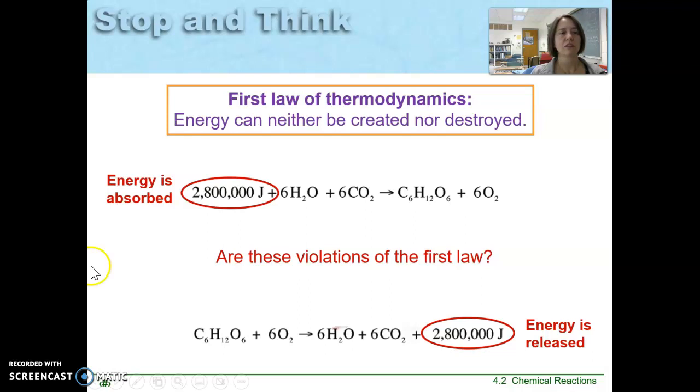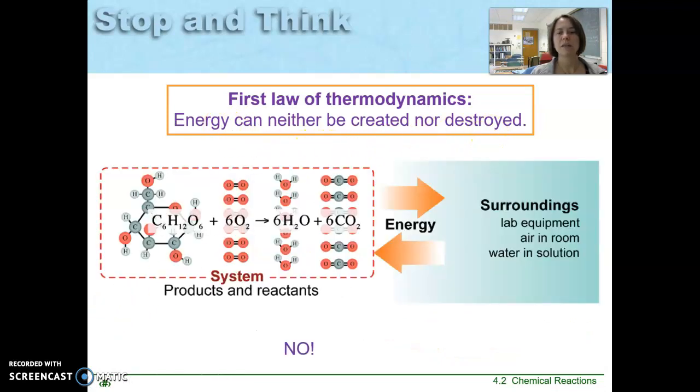So the amount that goes in is the same as the amount that comes out. Energy is neither created nor destroyed, because the sunlight came from the surroundings. The amount of energy absorbed into that chemical reaction came from the sunlight from the surroundings. And then the energy released when your mitochondria is doing cellular respiration is being released into the surroundings, which is your body.